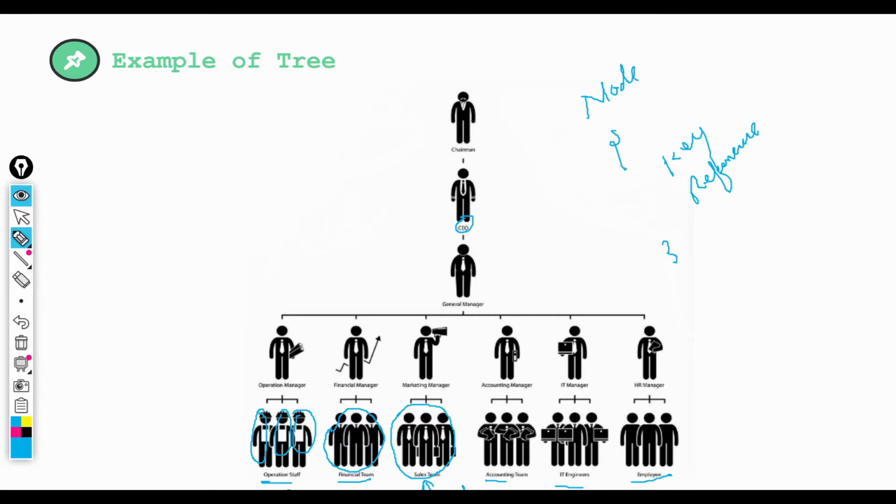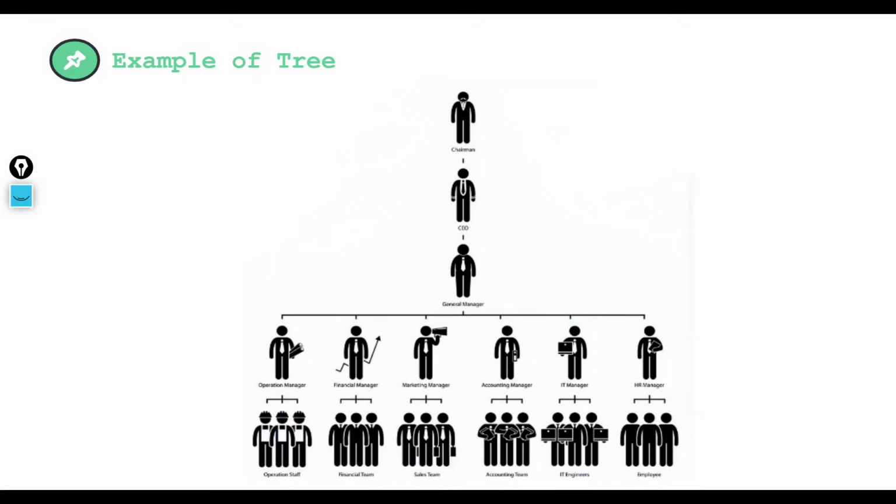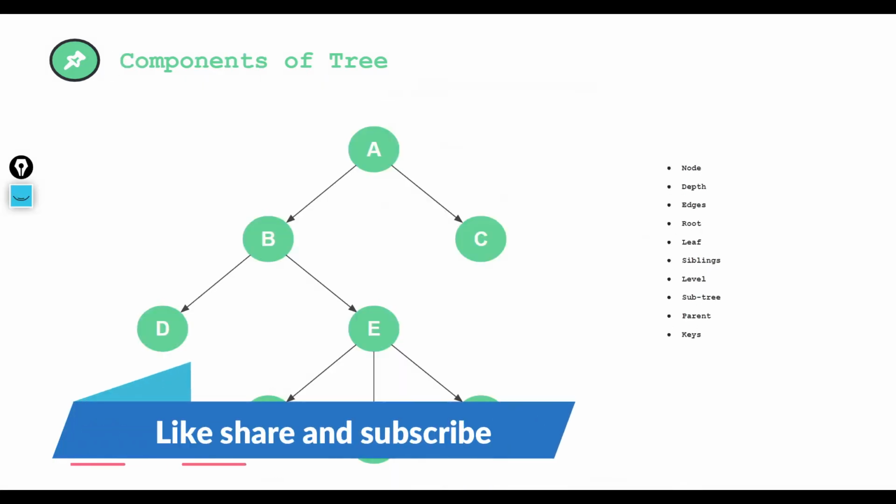That's why they are acting as leaf nodes, and these nodes are pointing to their parent, so they are also forming a subtree in the main tree. See this. All right. I hope this helps you understand how the relationships are formed in the tree, how a tree is basically built. Now let's discuss the components of a binary tree.